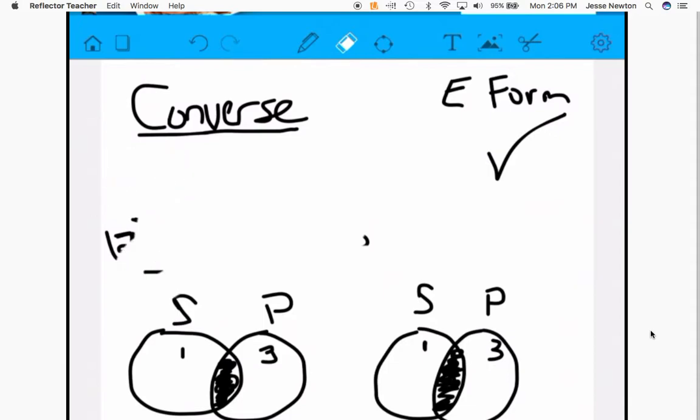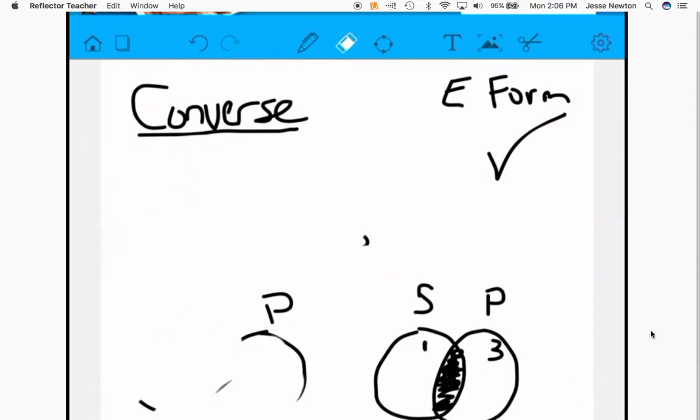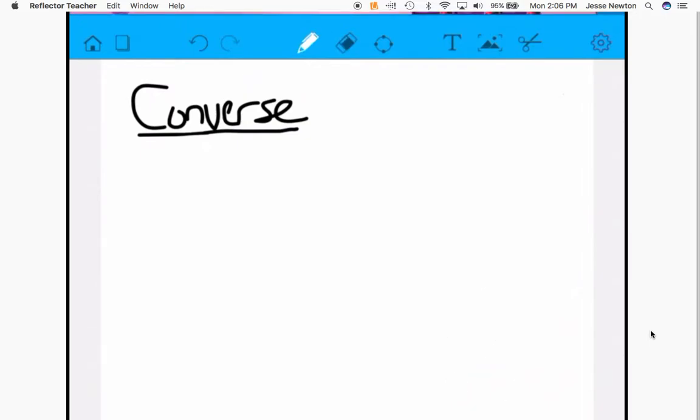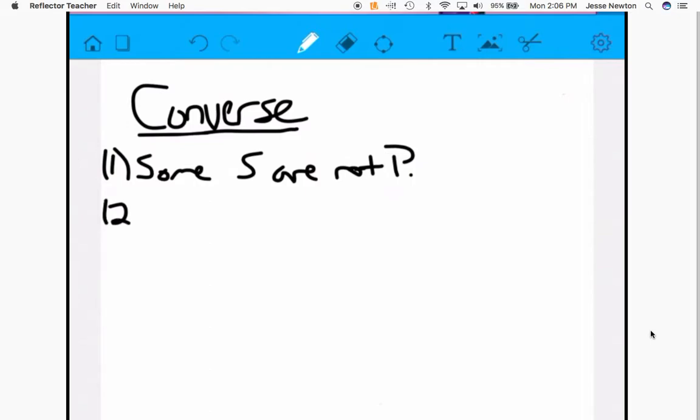All right, now we're going to do a slightly more complicated one. Suppose we want to do an O-form proposition. Some S is not P. We're going to say some S are not P. Well, how do we show the converse? Or what is the converse of this?